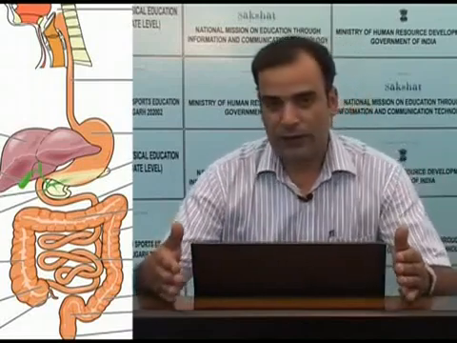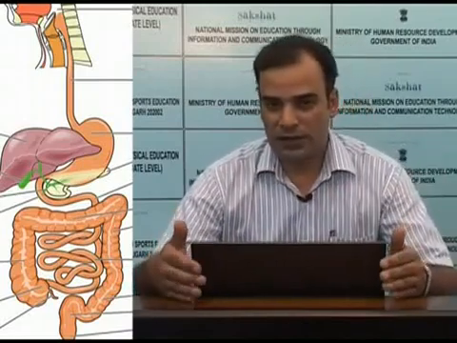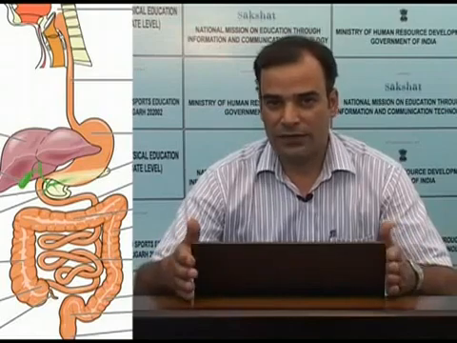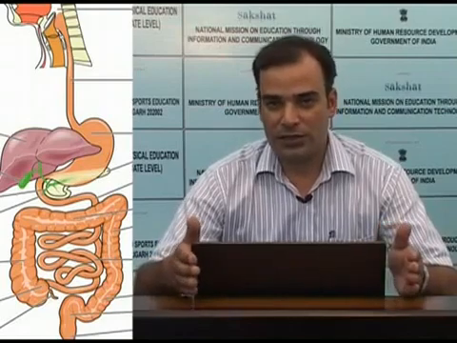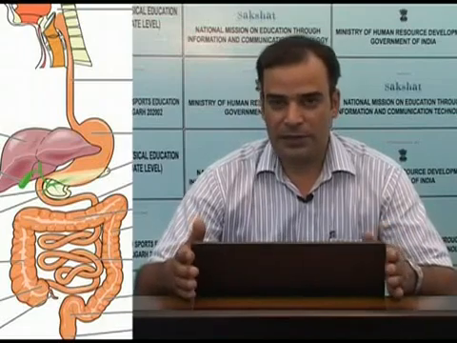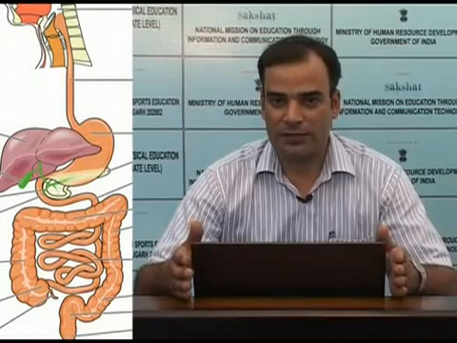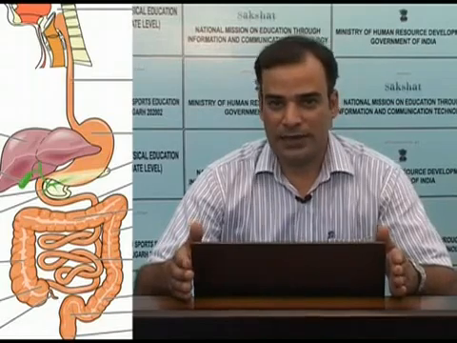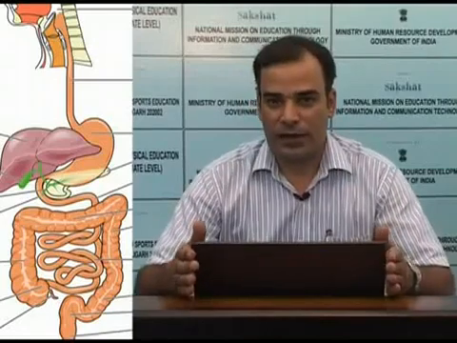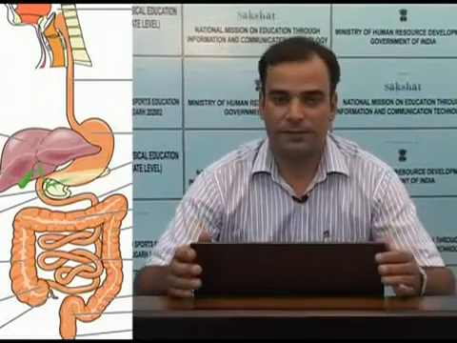So finally, when the digestive system performs these functions, that is ingestion, digestion and absorption, the digested food or the nutrients reach our system. So here we can say the basic purpose of the digestive system is to provide us a continuous supply of nutrients, electrolytes and water.